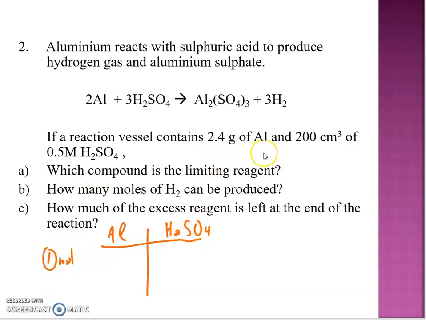So berapa mol aluminium? So dia tak bagi. So kena kira lah ni 2.4 bahagi dengan molar mass aluminium. So the second one is dia bagi dalam bentuk molarity. Kita dah belajar. Mol nak dapat dia n sama dengan MV per 1000. So you kira 0.5 darab 200 bahagi 1000.